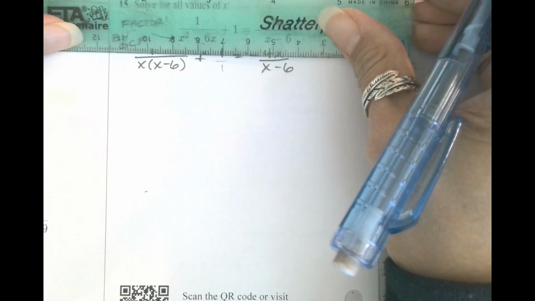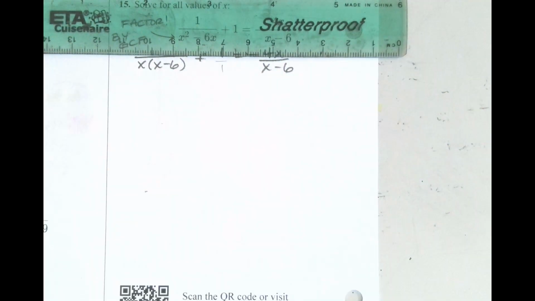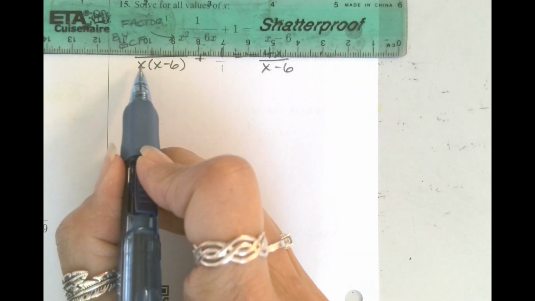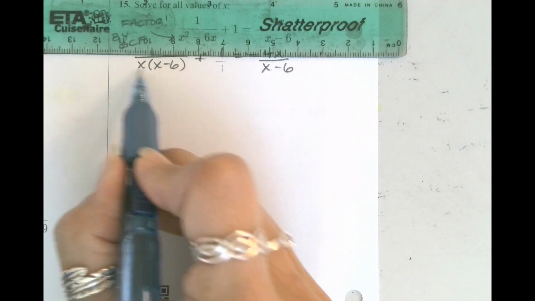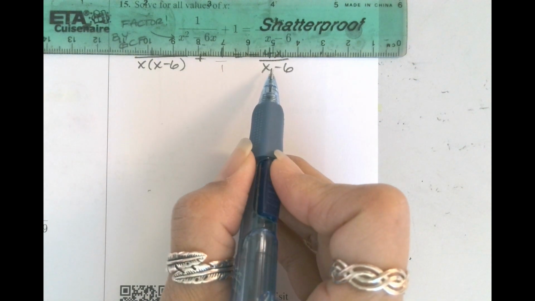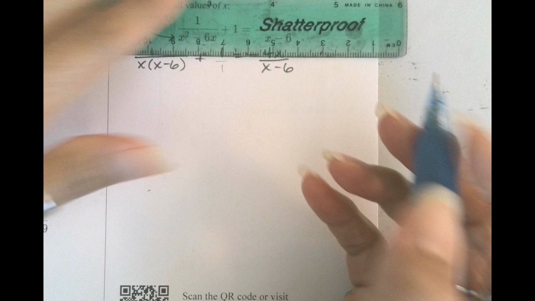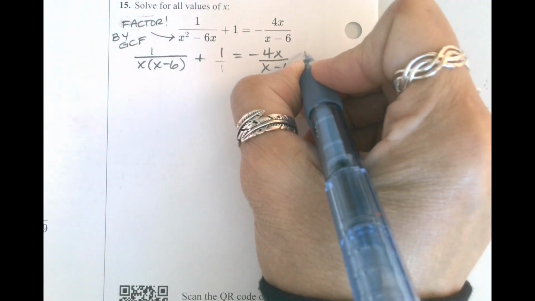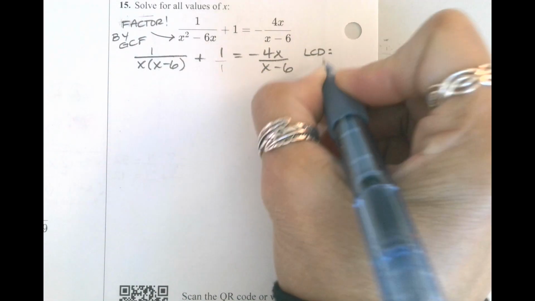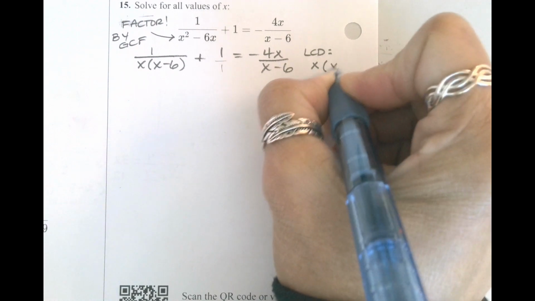So we're going to determine our LCD. What does our lowest common denominator have to be? Very good. X times x minus 6. It can't be just x minus 6 because this is a problem. Every single one of these has to be x minus 6. So in this case, our LCD is going to be x times x minus 6.